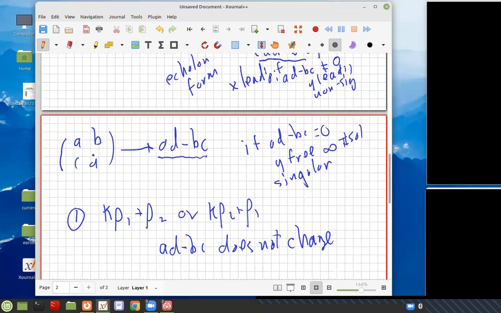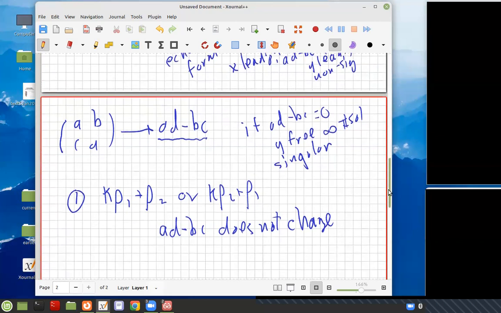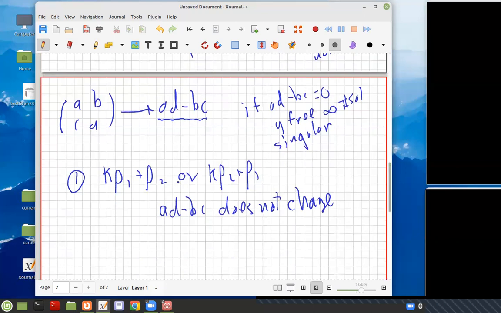That's an interesting result, and it gives us inspiration for a property of how determinants work. Now, what about the other row operations?